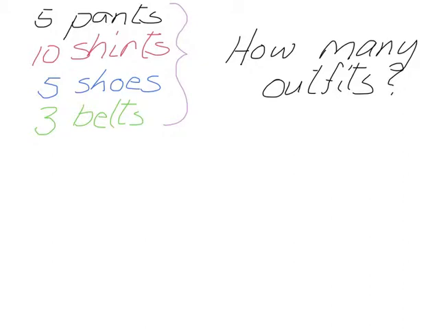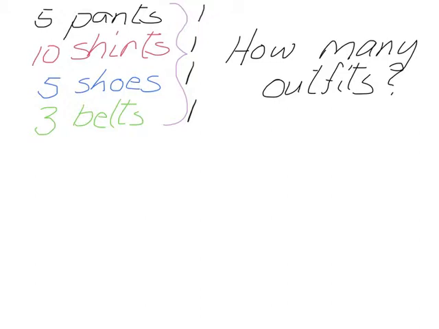So here's how you would do it. Javier goes to his closet, and he knows that he can choose one of 5 pairs of pants. He can choose one of 10 shirts, one of the 5 pairs of shoes, and one of the 3 belts. Well, if you go back to the definition, it says that if you choose one item from a group of m and one item from a group of n, then the total number of 2 item choices is m times n.